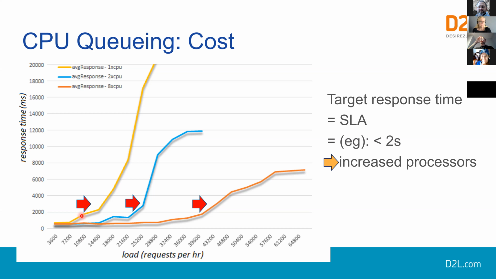That's 14, 25, and 43,000 requests per hour on 1, 2, and 8 processors while maintaining that 2-second SLA. Or interpreting this another way, we'd like to evaluate what it costs to support, for example, a small, medium, or large customer within their SLAs.